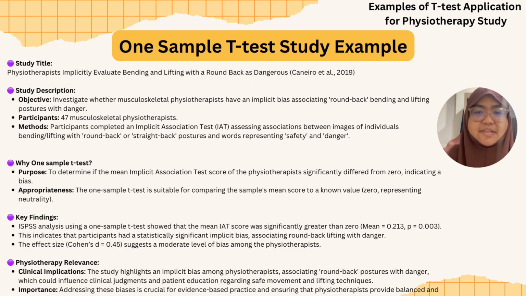They used the Implicit Association Test, IAT, and a one sample t-test was done to compare the mean IAT score to 0, which represents no bias. The mean score was significantly greater than 0, with a p-value of 0.003, showing a moderate level of implicit bias. This is important because it shows how personal bias can influence clinical decisions and patient education.